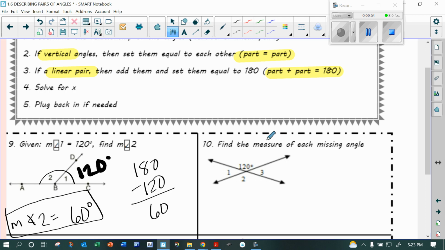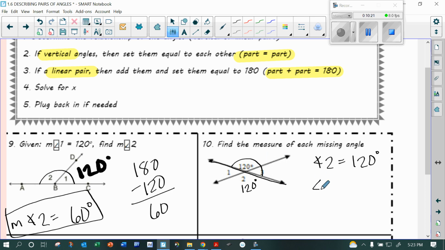It says find the measure of each missing angle. So this angle is 120. Since angle 2 is across, its opposite, this is also 120. So angle 2 is 120 degrees. Now, remember, we talked about linear, so we know these two angles make a linear pair because if you draw the little arc in the line, it's 180.